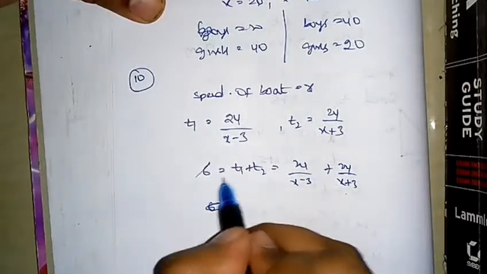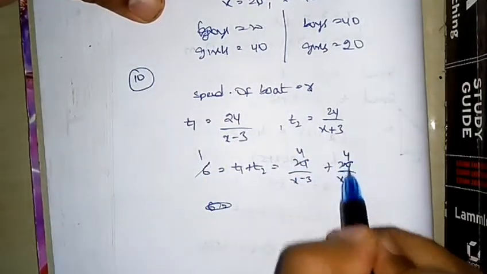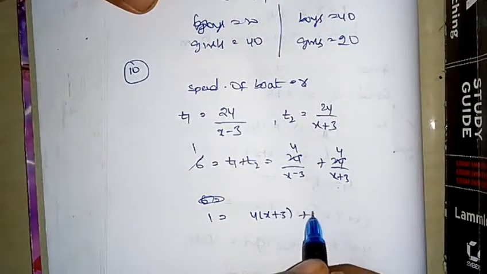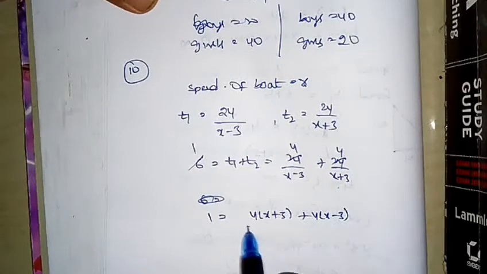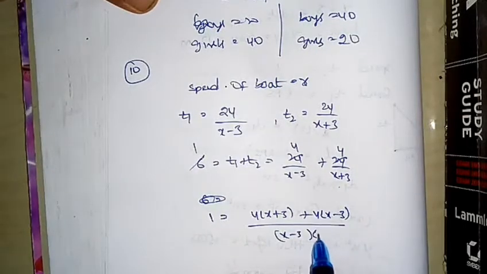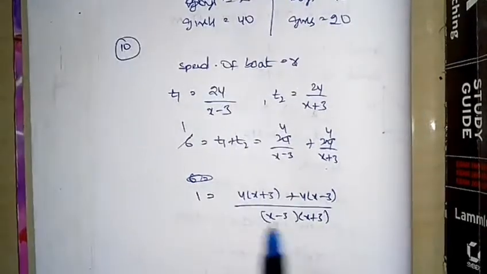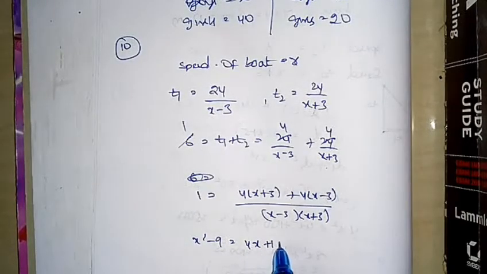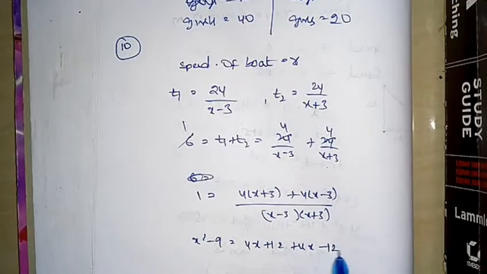You can cancel 6: 6 fours are 24. So 1 = [4(x + 3) + 4(x − 3)] / [(x − 3)(x + 3)]. So it is x² − 9 = 4x + 12 + 4x − 12. 12 gets cancelled.